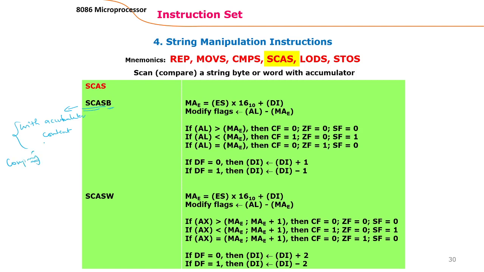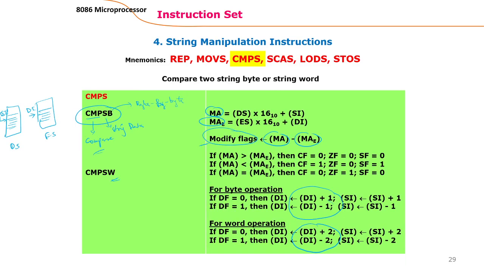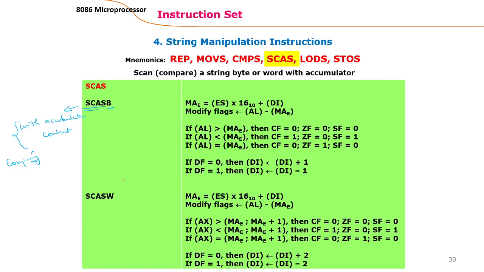So what is the difference between comparison and scan? In comparison, we have destination and source. Source data and destination data are given in comparison. But in case of scan, only the destination data is given, plus the accumulator data.